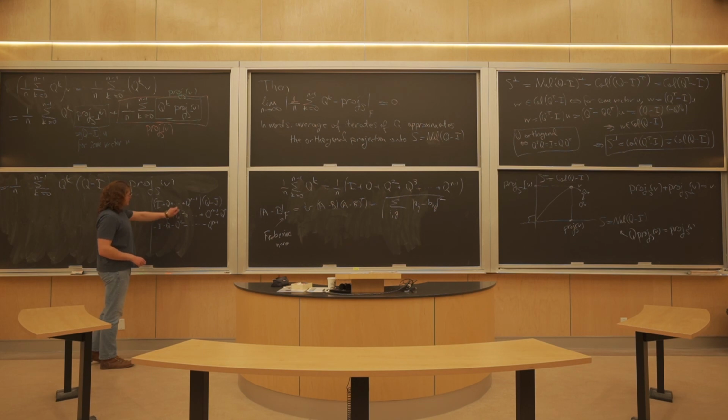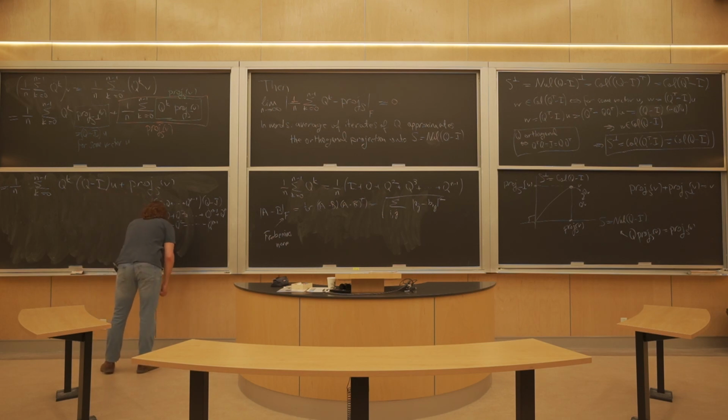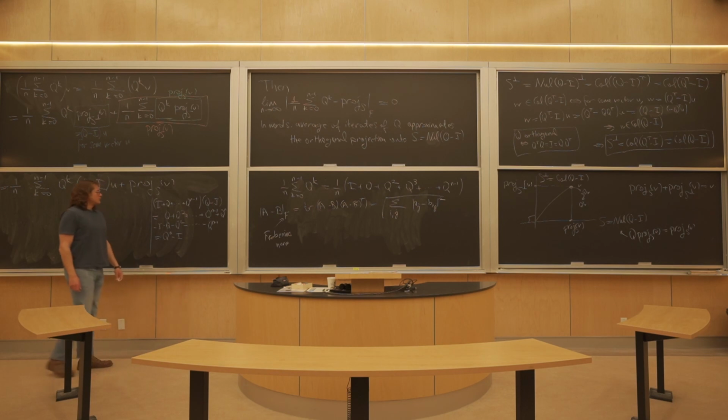This cancels out with this, this with this, this with this. And finally, I'm left with q to the n minus I. So instead of this expression, I can write q to the n minus I, one matrix applied to u. And of course, I need to keep this 1 over n.